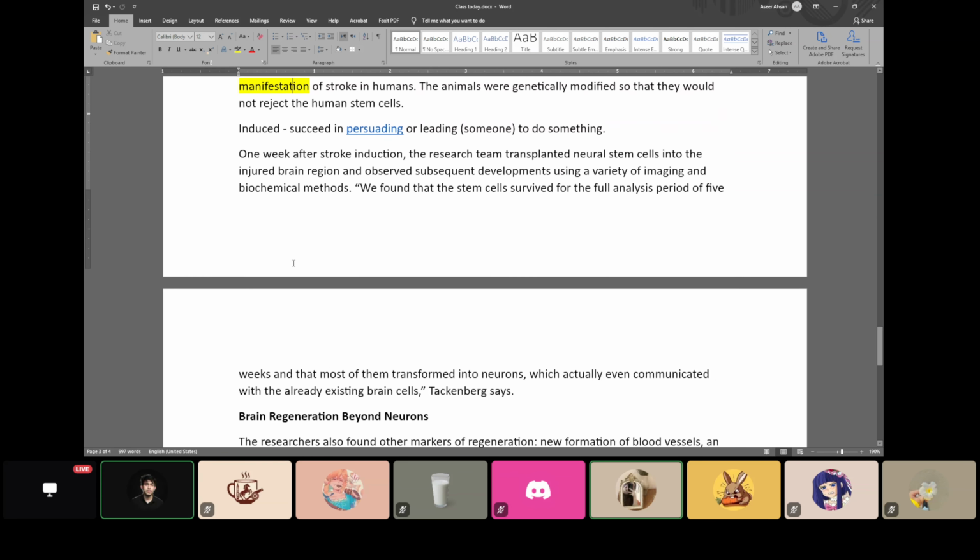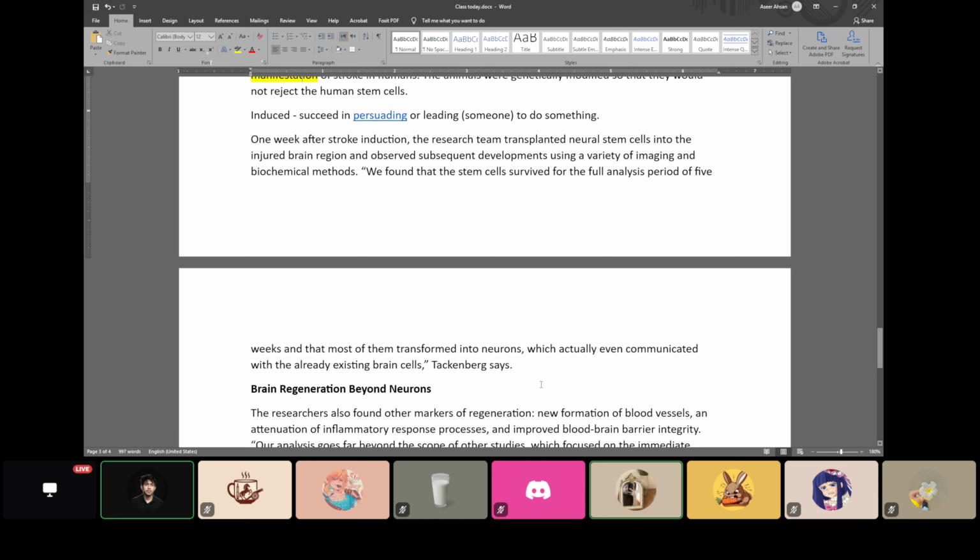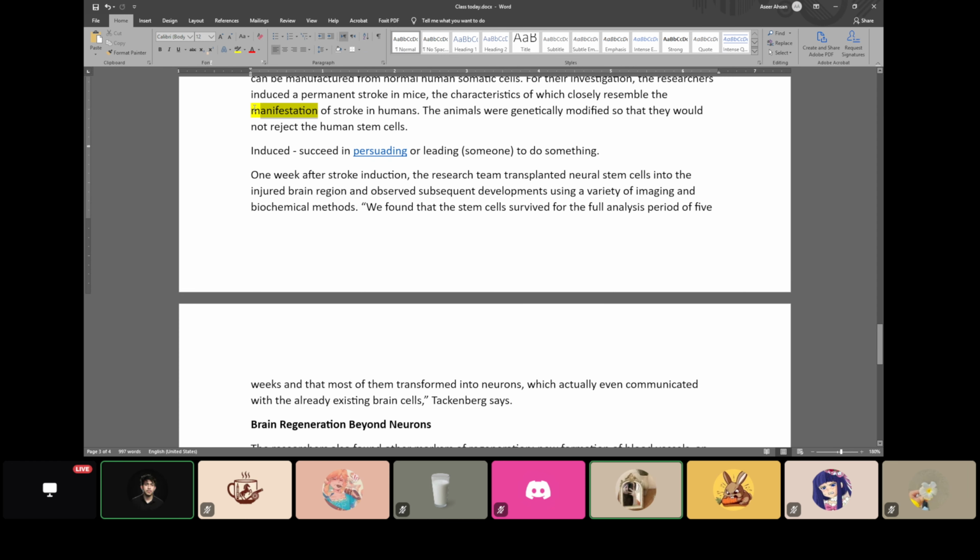Excellent. Okay, you also read this part as well. Manifestation. No, from 1 week until Tackenberg says. 1 week after stroke induction, the researchers transplanted neural stem cells into the injured brain region and observed subsequent developments using a variety of imaging and biochemical methods.